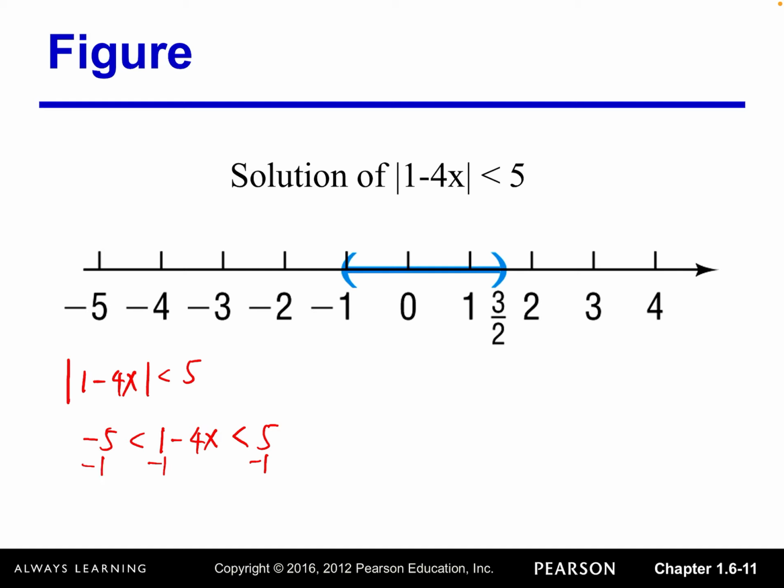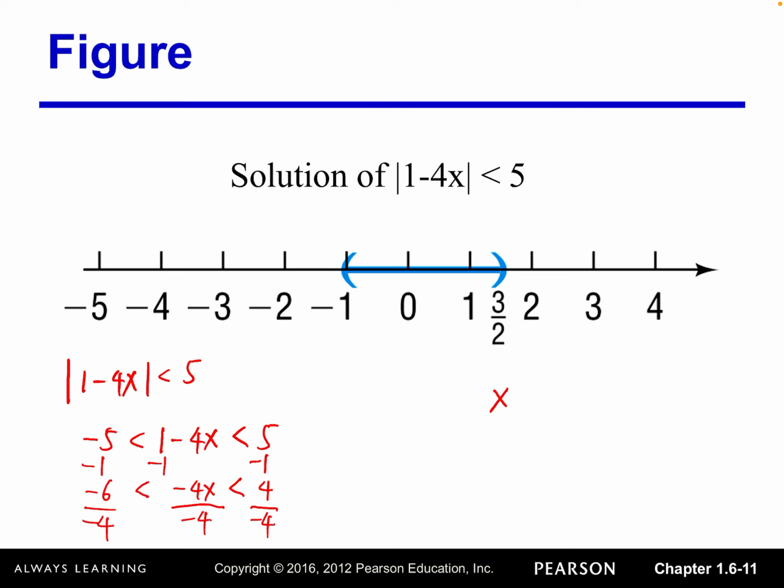First, all three sides we subtract 1, so we get -6, the middle is -4x, the right-hand side is 4. And then the addition property does not change the symbol. The next step, we cancel the coefficient -4, so all three sides divided by -4.